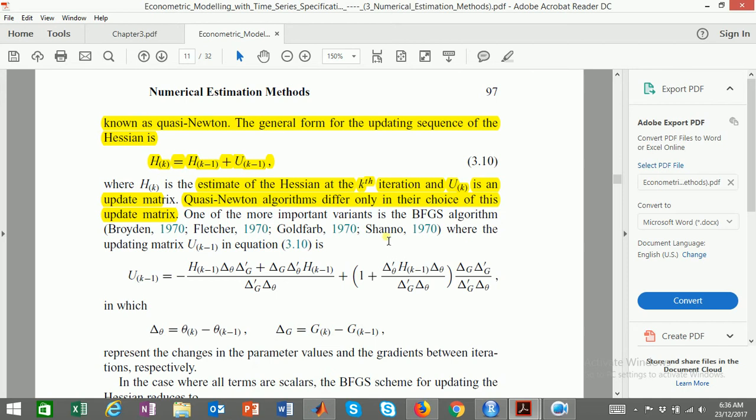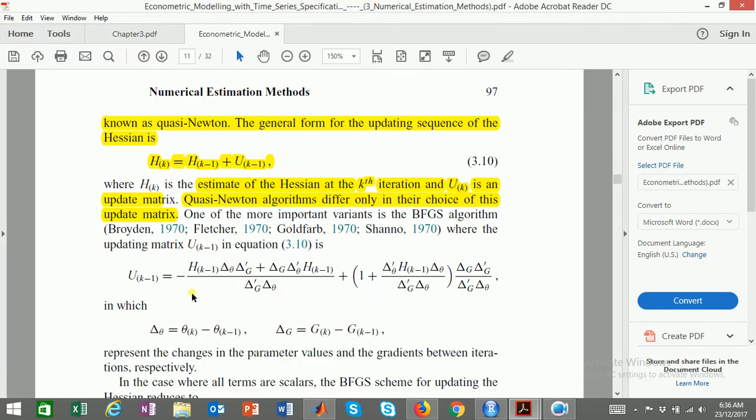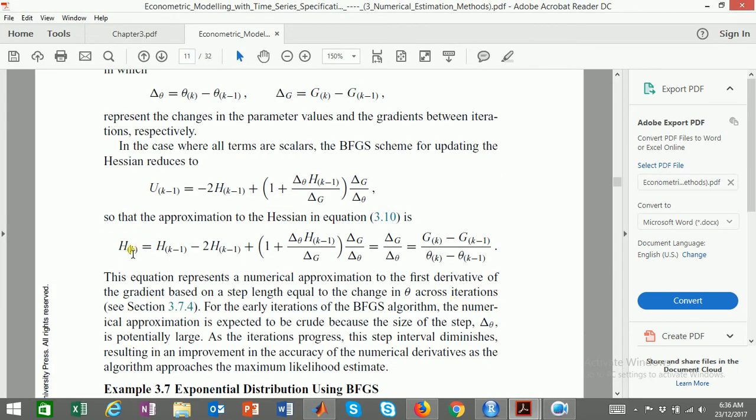With BHHH we just use the Hessian instead of theta, and h is h minus the whole equation. This is the equation.